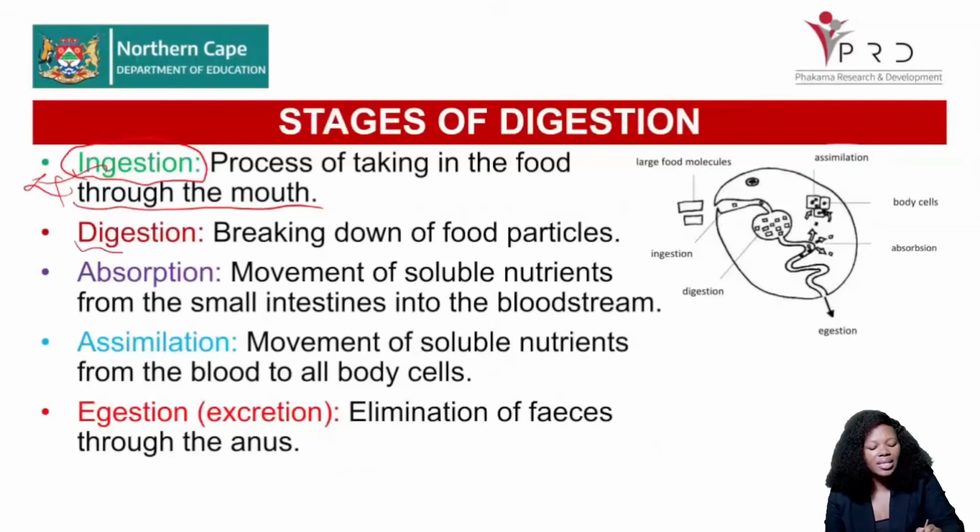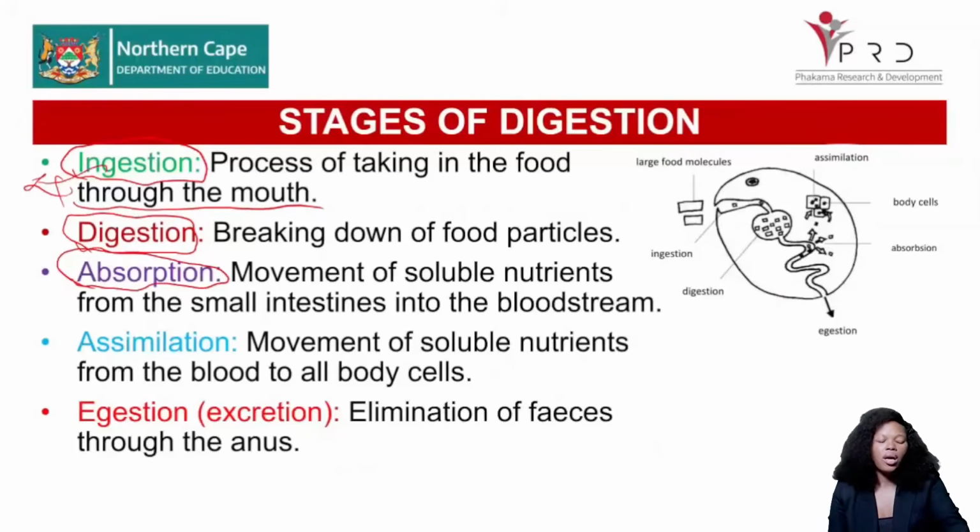And then the second stage of the breaking down of food is digestion. We've already indicated it is the process of breaking down food particles from complex into simpler. Right? Our third stage is absorption. Digested nutrients are absorbed by the small intestines into the bloodstream.